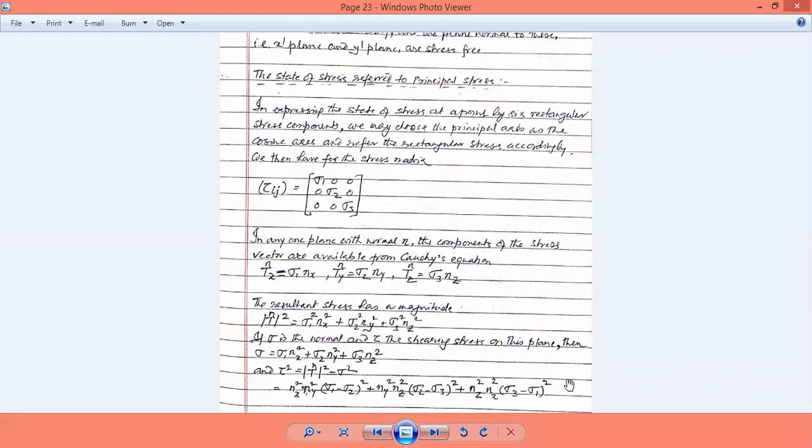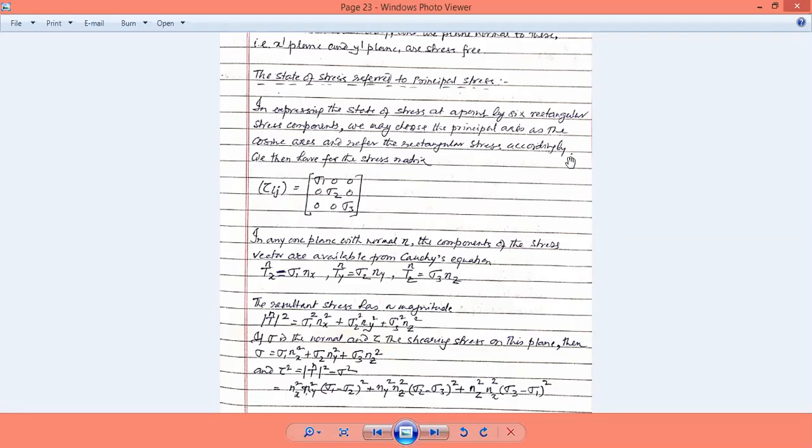Now, there is another type: the state of stress referred to the principal stresses. What we are doing is expressing the state of stress at a point by 6 rectangular stress components. We may choose the principal axes as the coordinate axes and refer to the rectangular stresses accordingly.